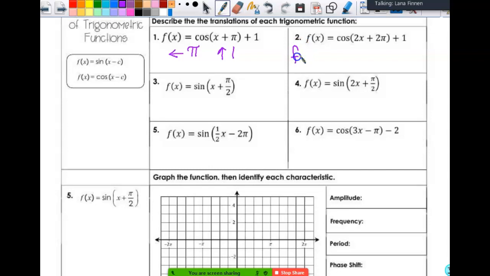So this becomes f of x equals the cosine of 2 times x plus pi, plus 1. After that b is factored out, that's when you get to look at c. So I'm still going to the left pi and up 1. So numbers 1 and 2 actually have the same transformations. The only difference really between the two is that your frequency is 2 in the second one.